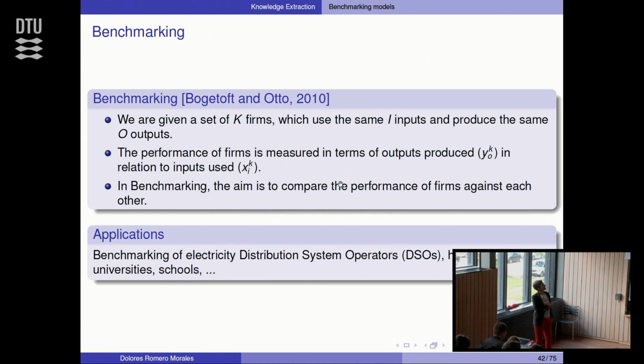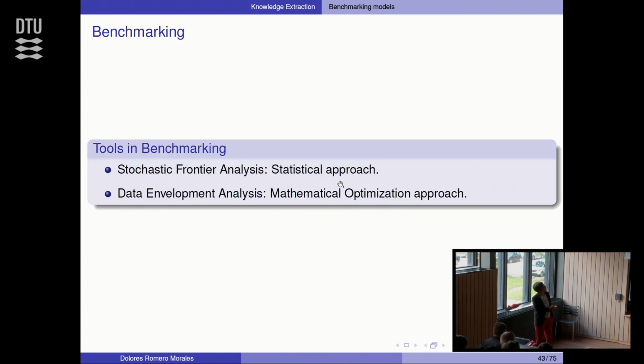I cannot credit myself here at all, because the one who knows a lot about benchmarking is the colleague I was talking about. And one of the places in which he helps the European Union is in the benchmarking of DSOs, distribution system operators, in electricity.